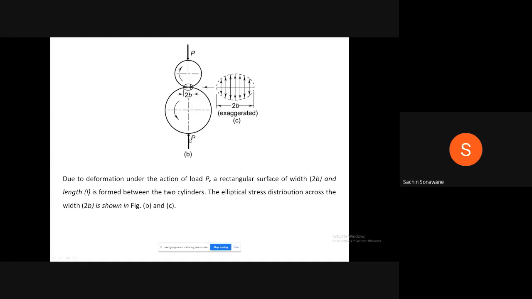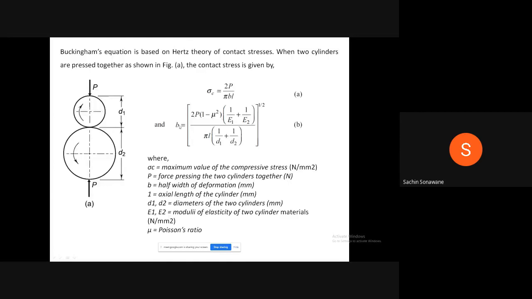When two cylinders are pressed, or when two gears are pressed against each other, this total deformation at the point of contact is 2b. While calculating, we have taken b only, the half width of deformation, and P is the force pressing the two cylinders, meaning two gears, to each other.